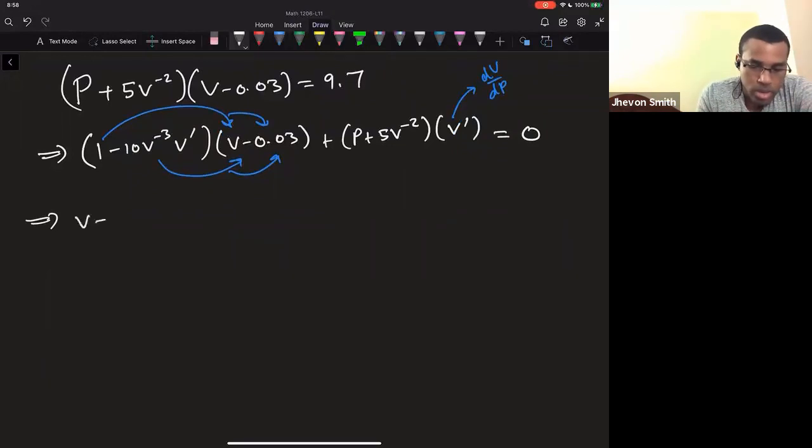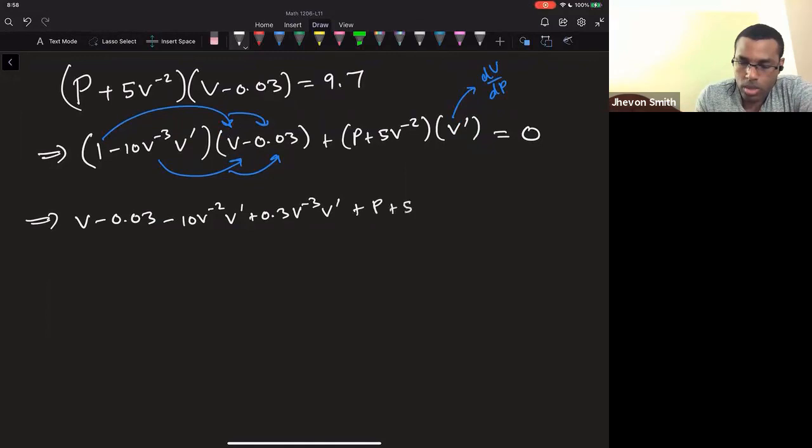So that's going to be V minus 0.03, minus 10V to the minus 2 V prime, plus 0.3V to the minus 3 V prime, plus P plus 5V to the minus 2 V prime equals 0.